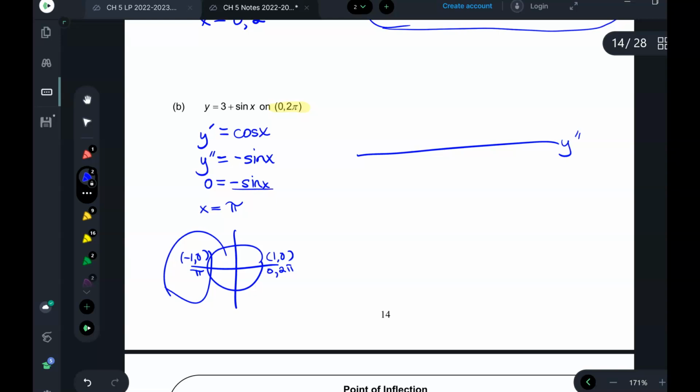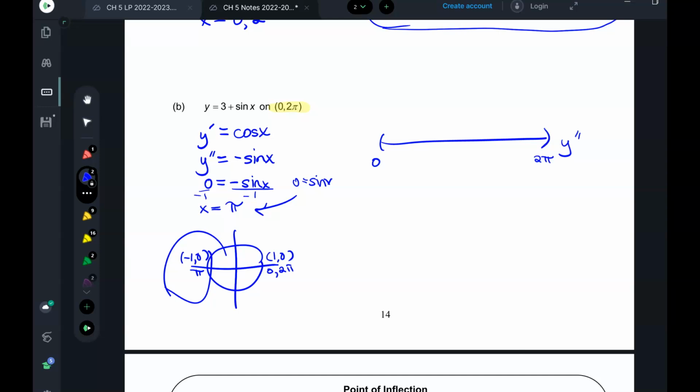We can divide by negative 1 on both sides, and we still just get 0 equals sine of x. Sorry, I just kind of ignored the coefficient. It's pi to get sine to be 0. And you can't use 2 pi because there's no bracket. Exactly, if there was a bracket, we would include it. Got it.